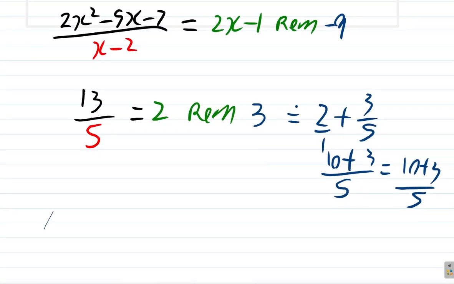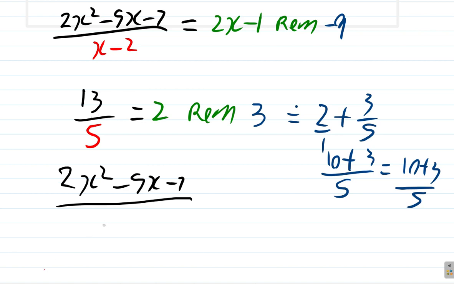What you have here is 2x squared minus 5x minus 7 over x minus 2 is equal to 2x minus 1, plus the remainder negative 9 over the divisor x minus 2.